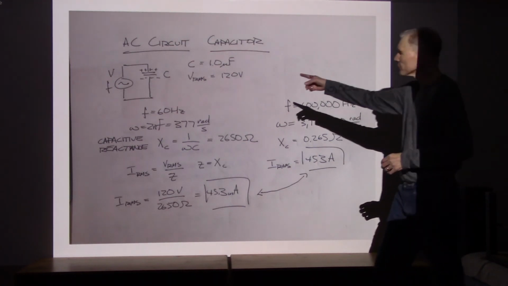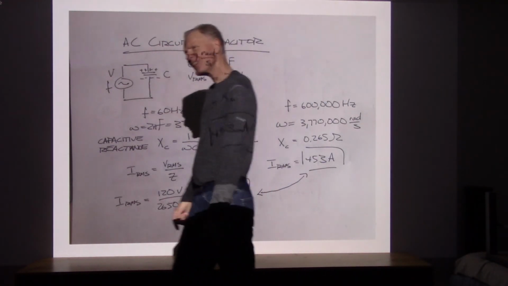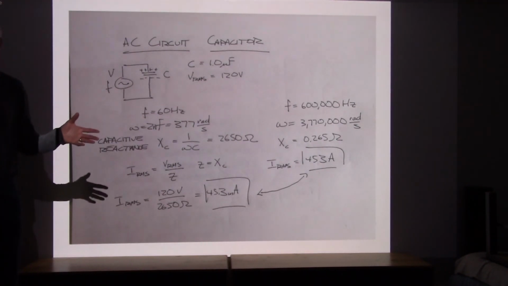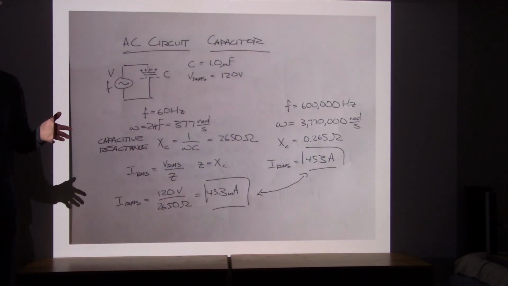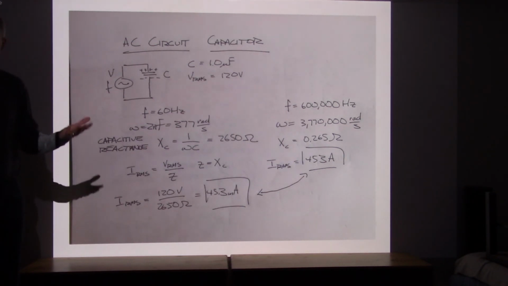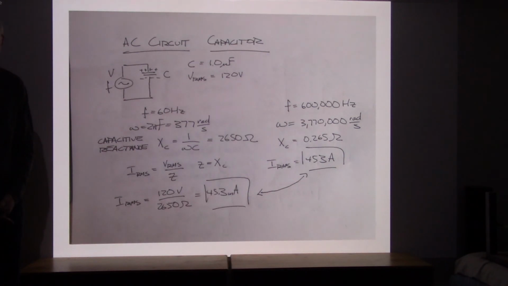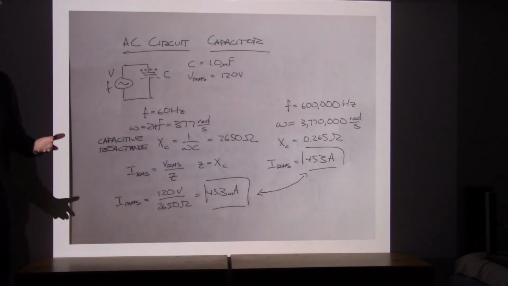Okay, so capacitors, I don't know if you say they like high frequency, I guess. Capacitors do not mind high frequency. They really like high frequency. So if you go with high frequency, it's like the capacitors aren't going to bother you at all. On the other hand, inductors like low frequency. So that turns out to be very useful.